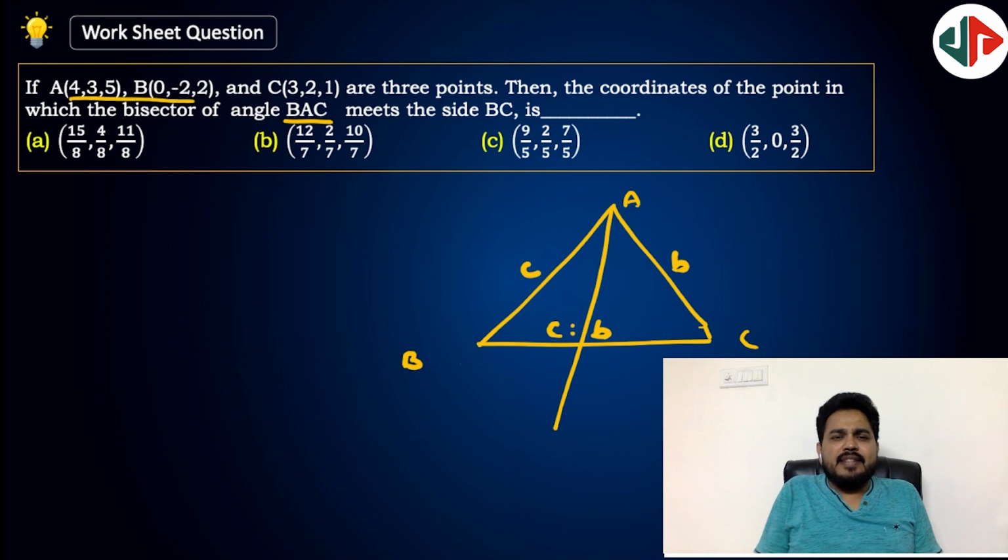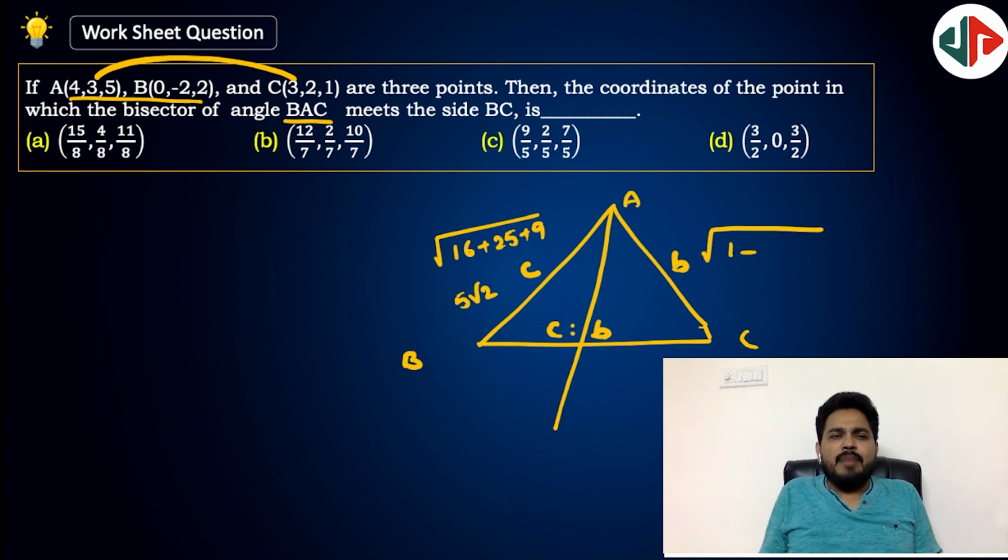AB distance is the square root of 16 plus 25 plus 9, that is 5 root 2. AC distance is the square root of 1 plus 1 plus 16, that is 3 root 2. So this point divides in the ratio 5 is to 3. So this answer is 3B plus 5C by 8.